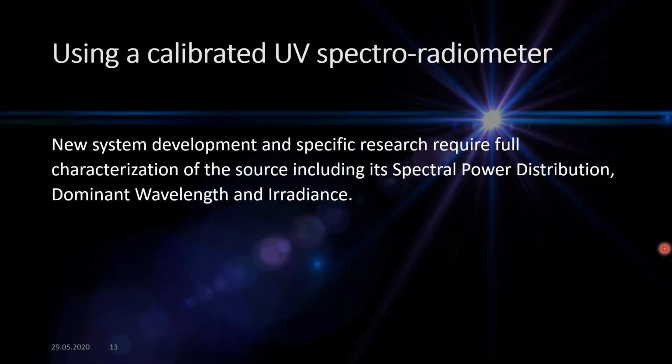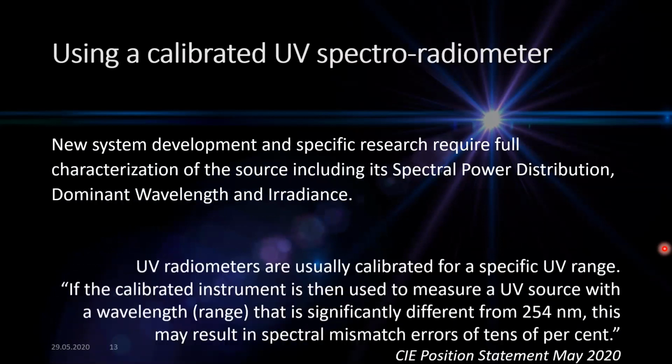So when you are working on a new system or you are performing some research studies, you probably would like to have a full characterization of the source. So it's not only the performance testing, evaluating the irradiance levels, but you would like to have the characteristics of the source in terms of spectral power distribution, dominant wavelength, together with irradiance.